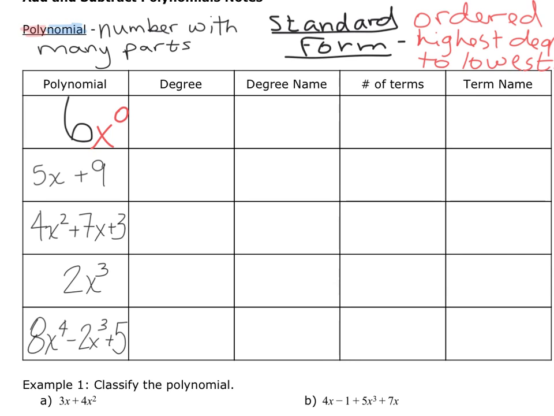So what's that exponent? 0. So my degree is 0. When my degree is 0, we're going to call that a constant.